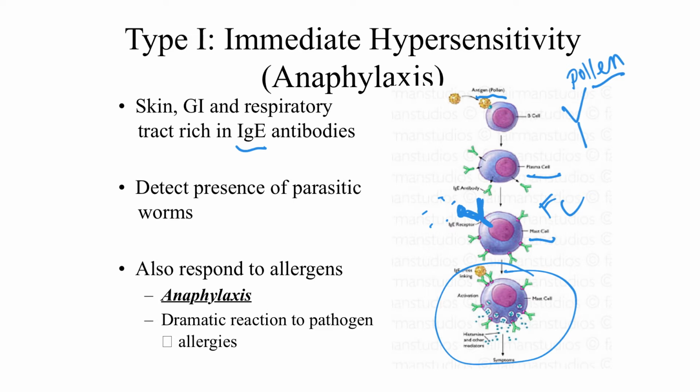So the binding of this pathogen to those antibody fragments induces this degranulation. And you might already know that histamine is associated with allergies. Histamine causes a reaction. It actually drives the full inflammatory response. It causes these endothelial cells to contract and help with the permeability increase that we see in the inflammatory response.